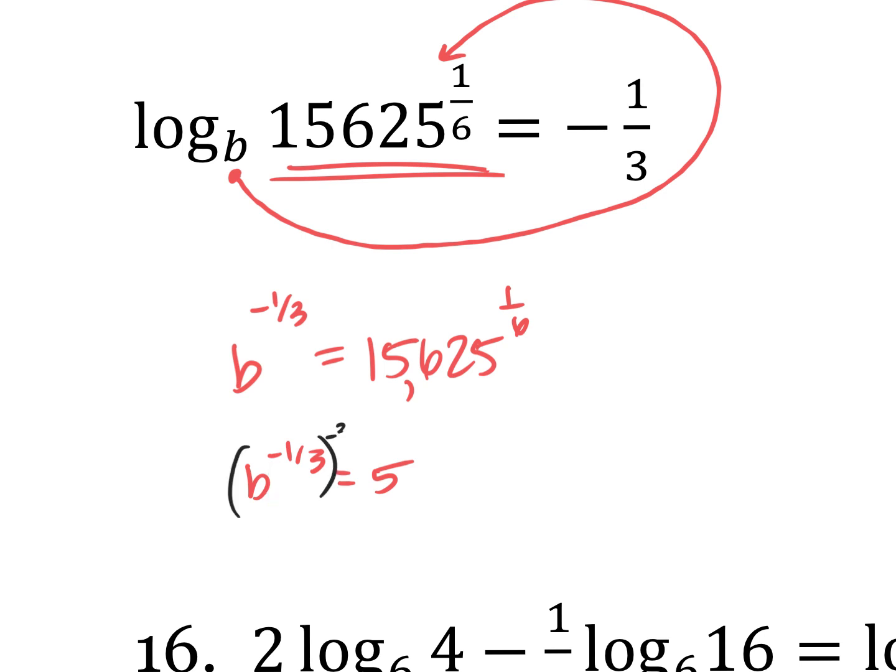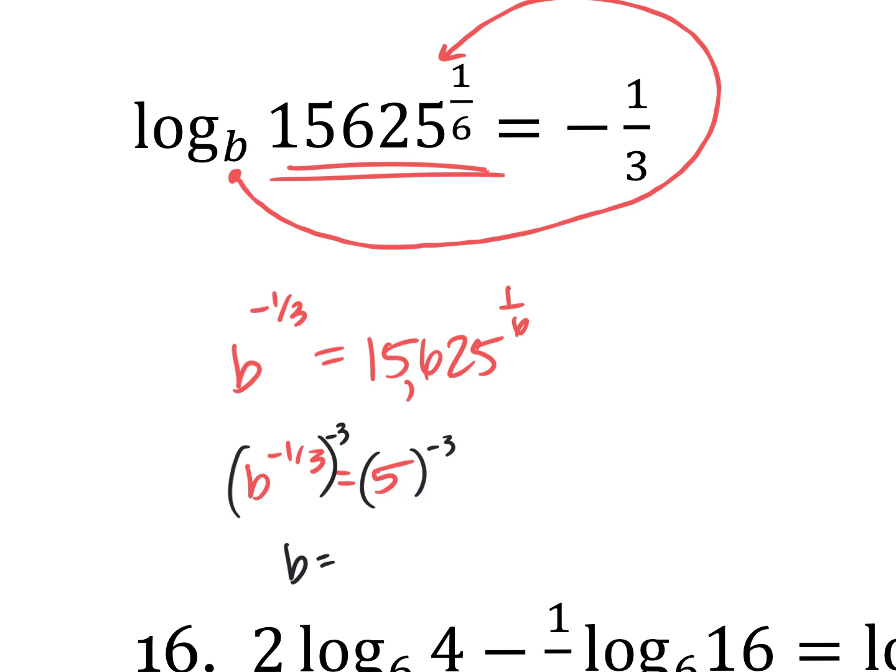If I raise that to the negative third, what do I do when I handle a power to a power? You multiply the exponents. What's -1/3 times -3? +1, and I'm just left with b to the first. If I wouldn't have done another negative, I'd have b to the negative first, and that's not helpful. I just want b. I don't want b to the -1.